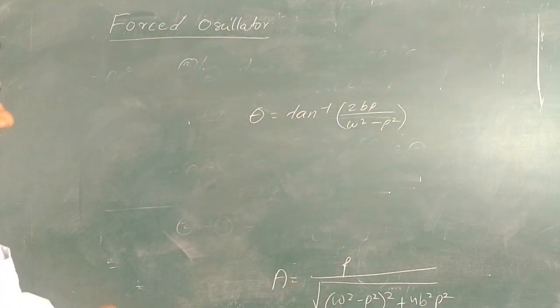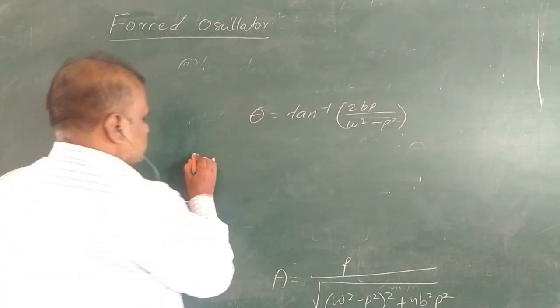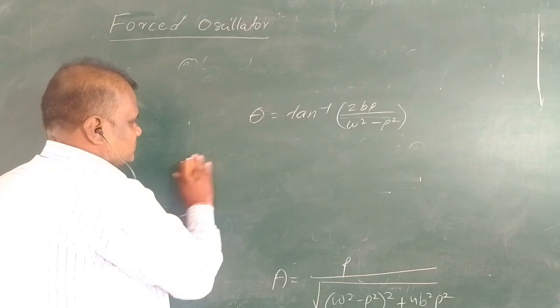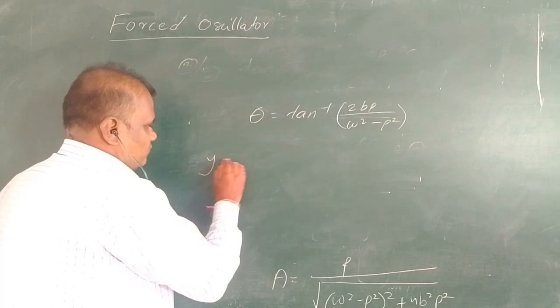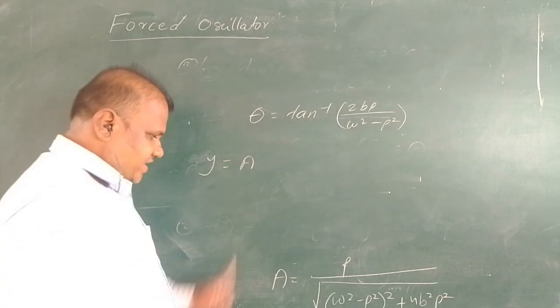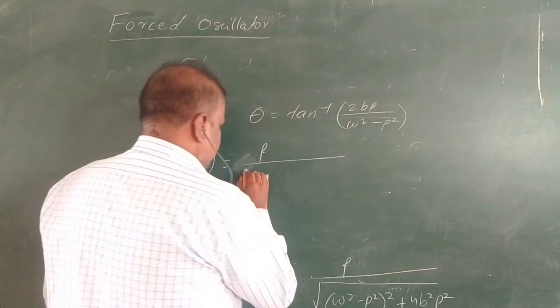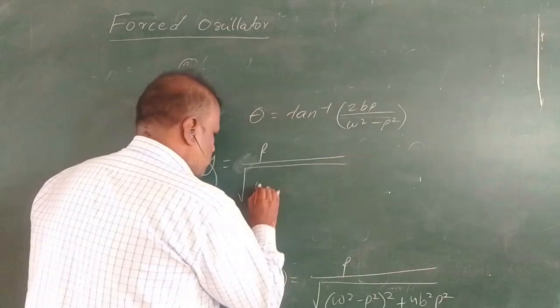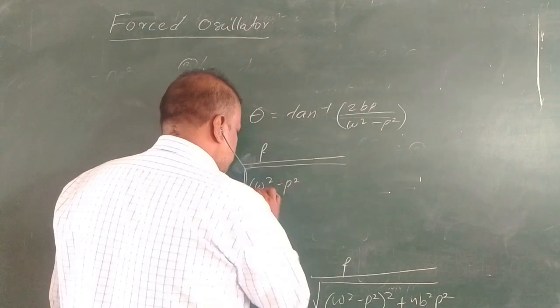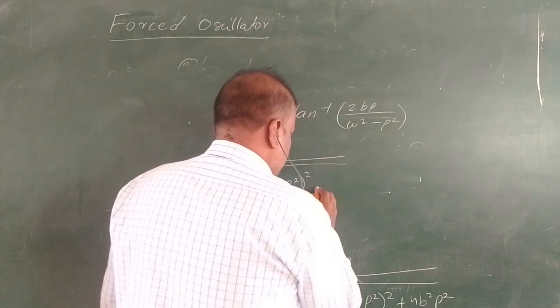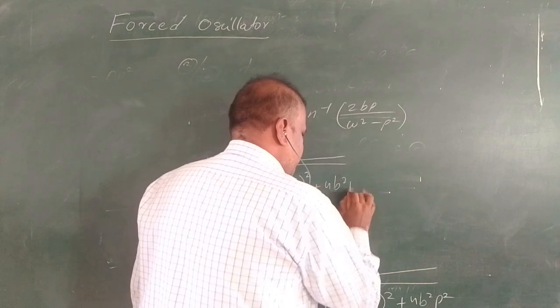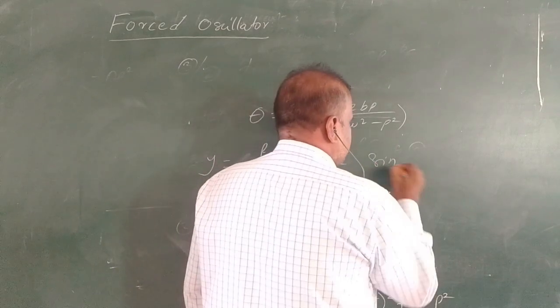Now I am going to write the equation of motion of the oscillator, which is given by y equals capital A sin(pt minus theta), where capital A is f divided by the square root of (omega square minus p square) whole square plus 4b square p square.